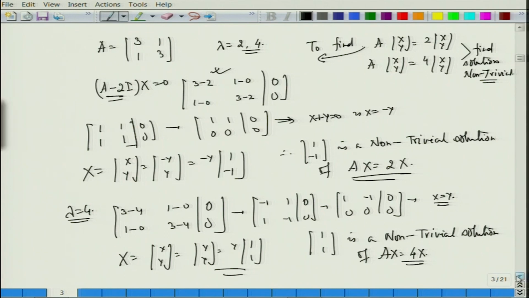So, just verify it, this is what we had here, (1, 1) and (1, minus 1); there is no issue with that part.